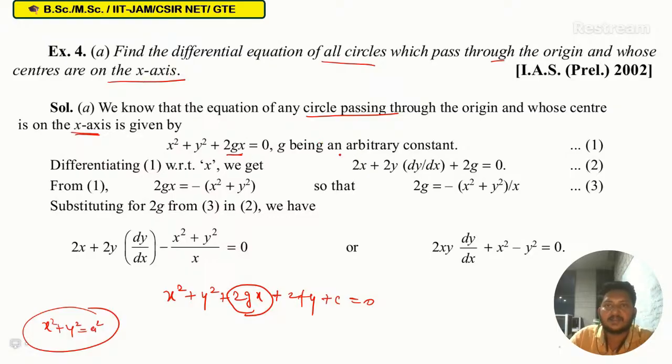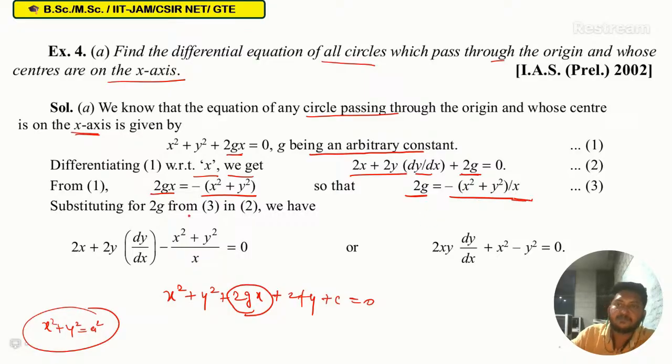Then, with the arbitrary constant, differentiate with respect to x, and you get 2x plus 2y dy upon dx plus 2g equal to 0. Then from the first, 2gx equals minus x square plus y square, so 2g equals minus (x square plus y square) upon x.